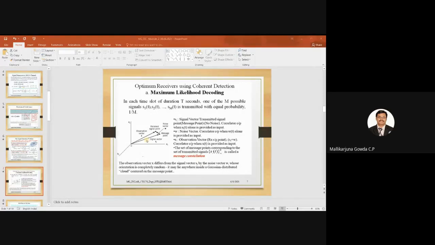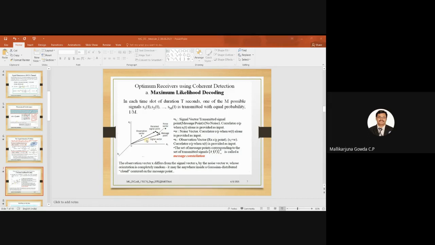Are you able to visualize and understand this diagram? I represented the message point without noise, and then the received signal point. The received signal point x is equal to s_i plus w. So signal point plus noise will be there. This much is the noise vector, this one is the signal vector, and this one is the observation vector, that is the received signal point.